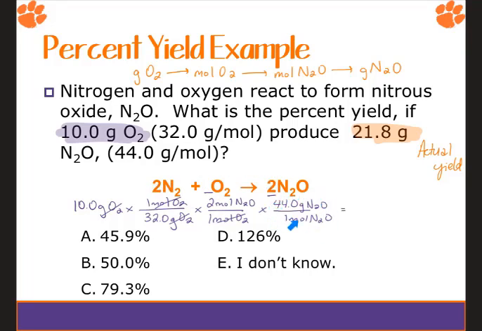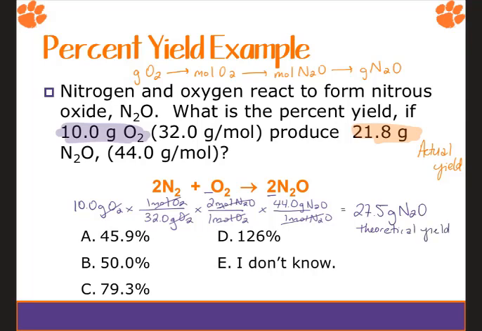Remember, this is true for N2O regardless of if it's in an equation or in a different equation or by itself. All right, so it's always the mass of 1 mole. So I can cross out my moles, leaving me in grams of N2O. So now we stop and solve. So I get that I have 27.5 grams of N2O that I could potentially make from my 10 grams of oxygen gas. So this is my theoretical yield.